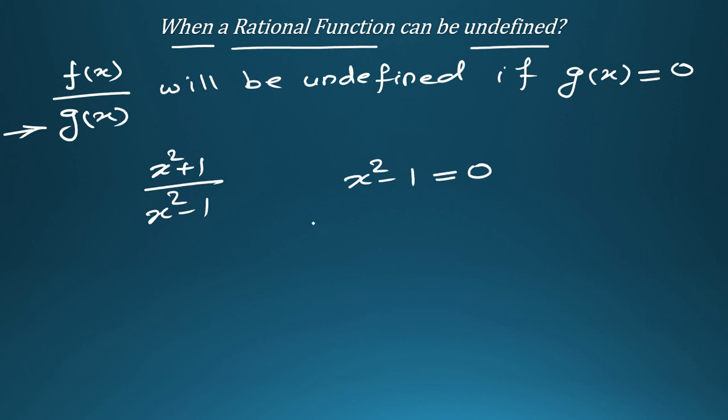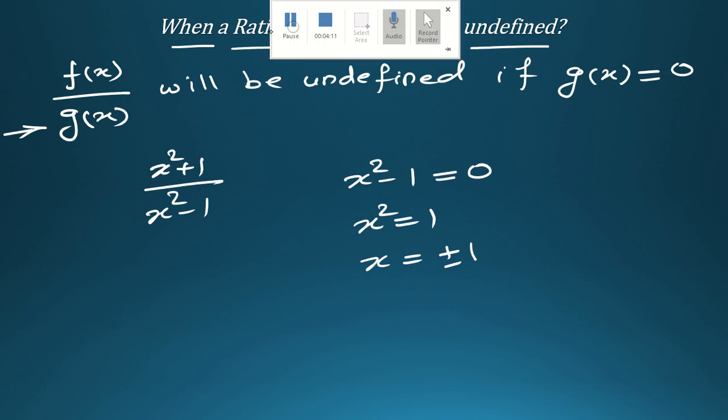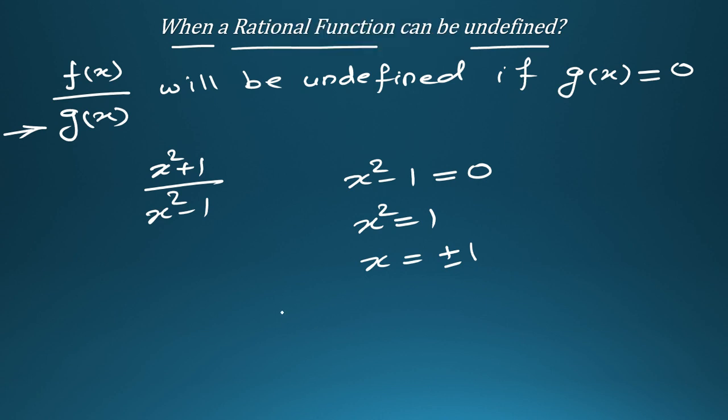But remember, these values of x must be real values, real numbers. So x square is equal to 1, so x is equal to plus minus 1. So there are two values, x is equal to plus 1 and x is equal to minus 1.